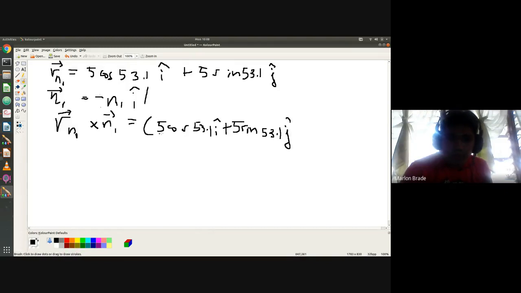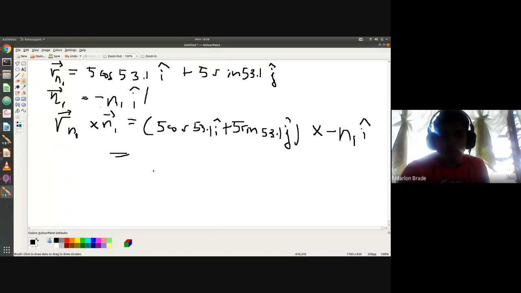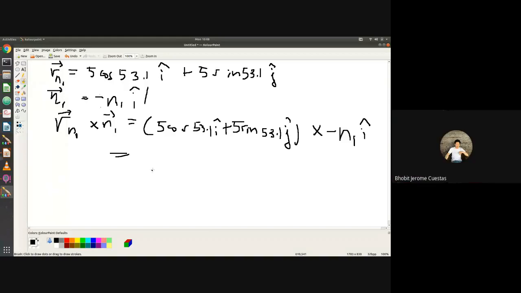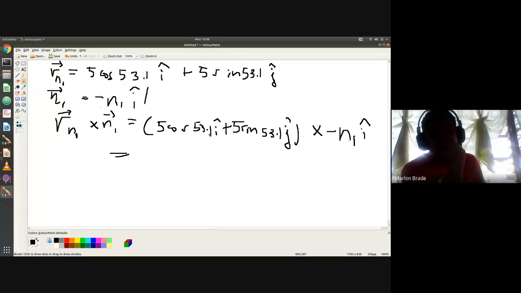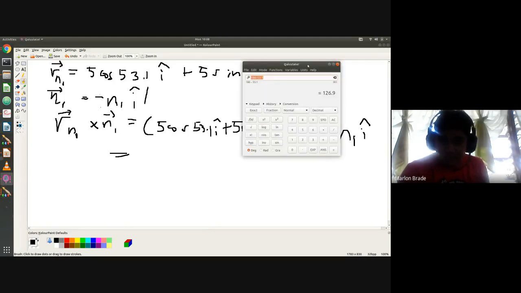So, cross niya sa negative N1 I hat. Pila ang first term, guys? Zero. Zero ang first term tungod kay parehas la I hat. So, ang second term kay dili siya 0.